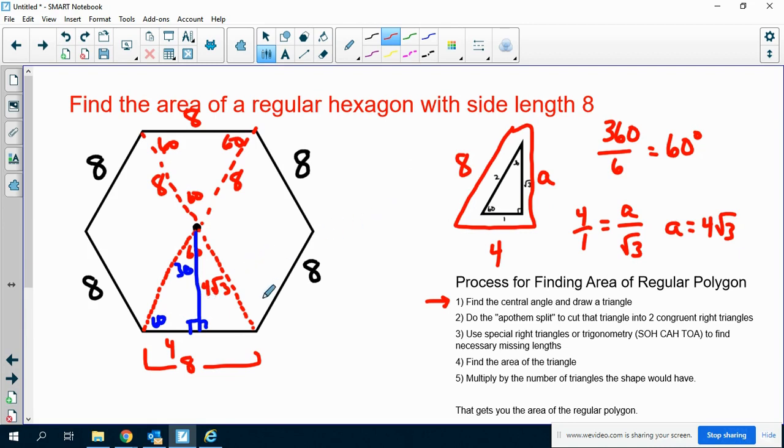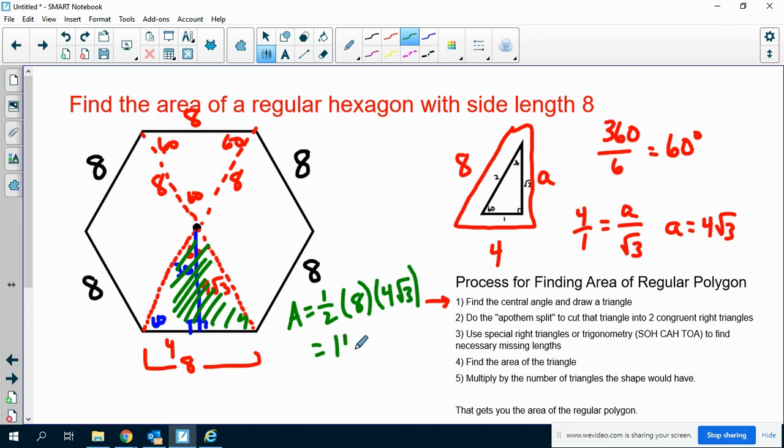But I don't have to do that, because in order to find the area of this triangle, I just need to do 1/2 base times height, and that does not include the length of this side. So 1/2 times the base, which is 8, times the height, which in this case is the apothem, 4 root 3. So I get 16 times the square root of 3. That's the area of this green triangle.